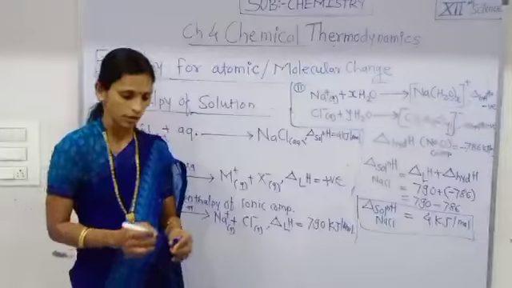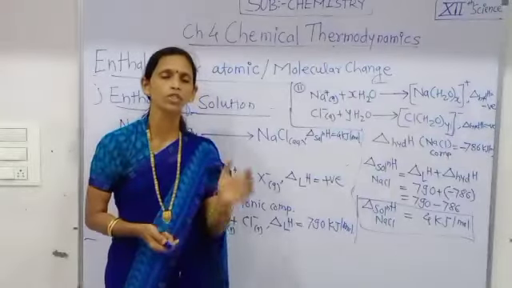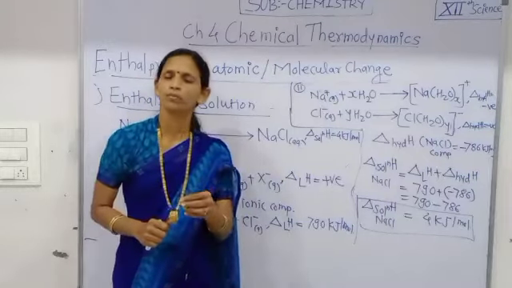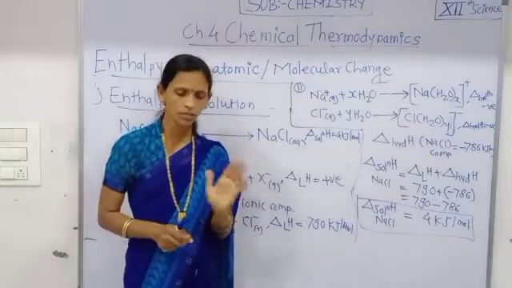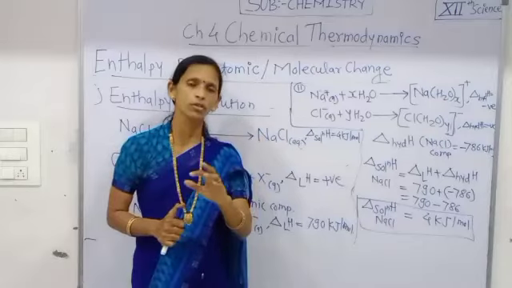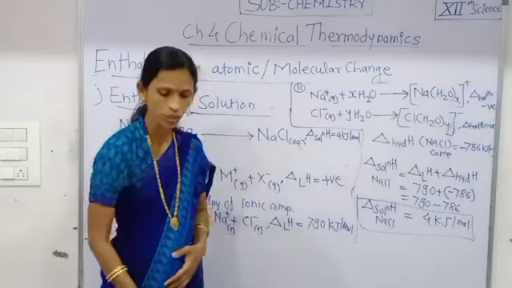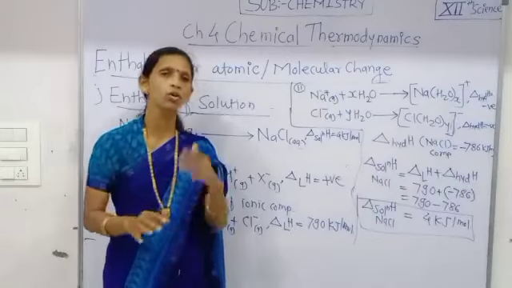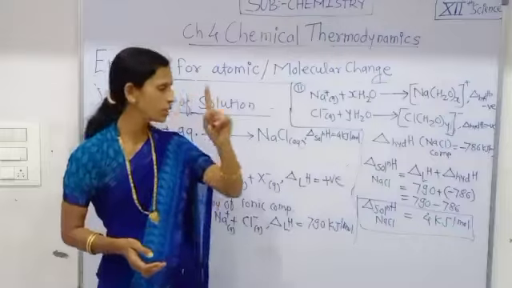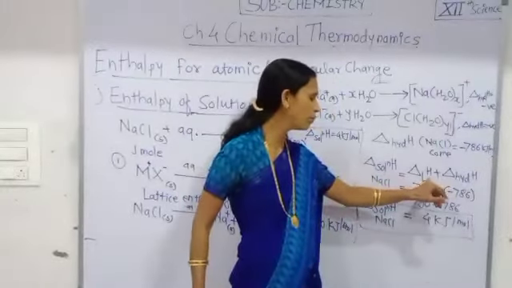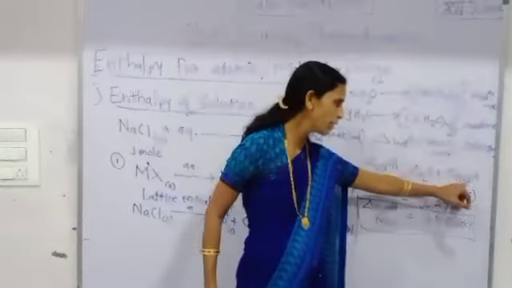The enthalpies of solution of different ionic compounds are given in your textbook in a chart. You should observe that chart. You can conclude that the enthalpy of solution may be positive or negative, which depends upon two types of enthalpies, the lattice enthalpy and the enthalpy of hydration.